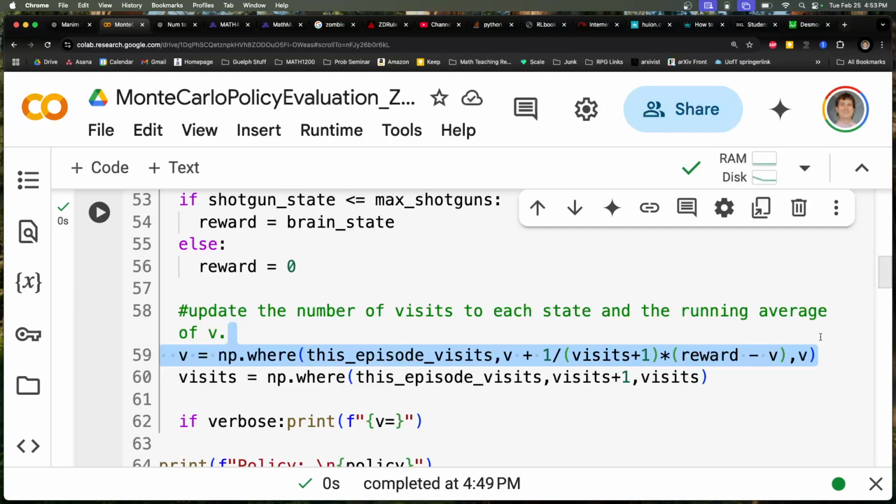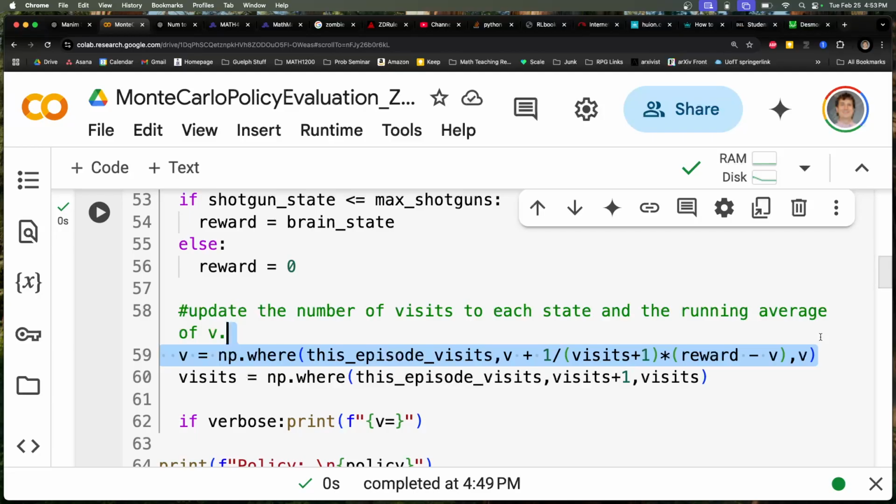So it says V of S equals V of S, whatever it was before, plus 1 over the number of visits of S plus 1 times the reward for this episode minus V of S. Okay, so this is what the formula says.